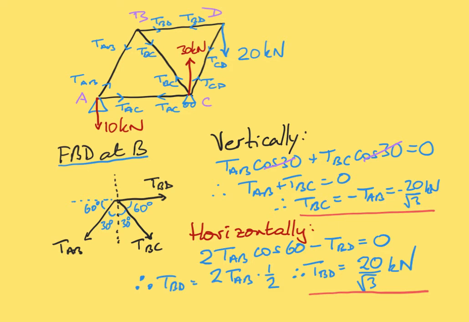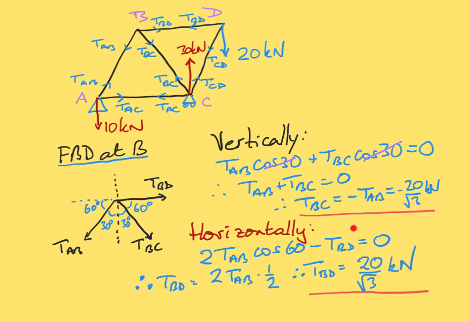In other words, the horizontal components of this and this double up. So we get 2 TAB cos 60. And acting in the other direction, which has to balance it, is TBD. So these terms are going to cancel each other.